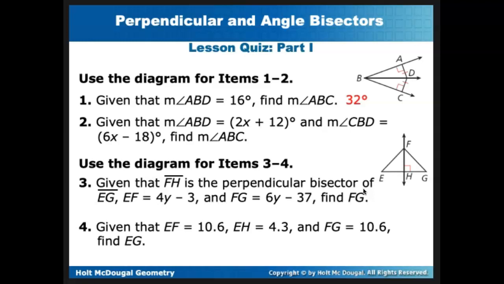32 degrees, 54 degrees, 65 units, 8.6 units. Part 2.